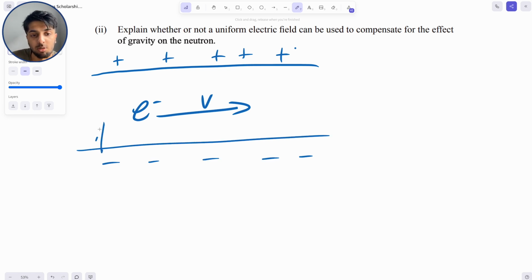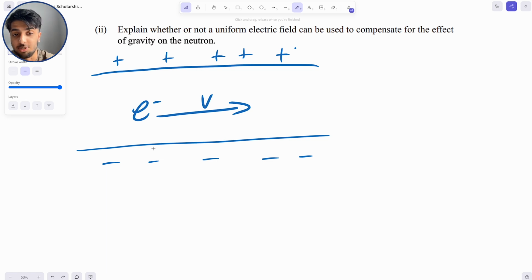So it will be repulsed by this negative charge and attracted to this positive charge. And what you can see is if the electric field is uniform and calibrated correctly, the electron can fly straight through, because the two forces are working together to keep the electron in the middle.